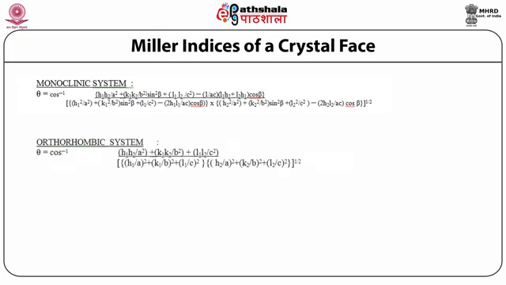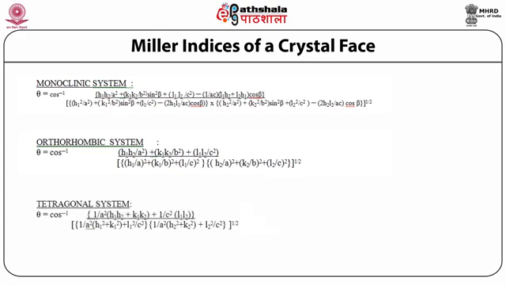For an orthorhombic system, theta is given by cos inverse h1 h2 by a square plus k1 k2 by b square plus l1 l2 by c square divided by h1 by a whole square plus k1 by b whole square plus l1 by c whole square into h2 by a square plus k2 by b square plus l2 by c square, raised to 1 by 2.